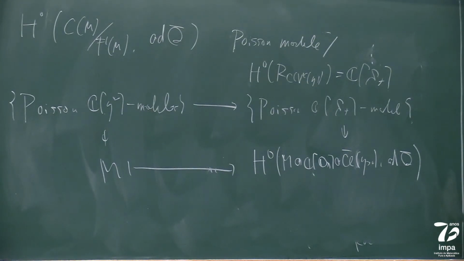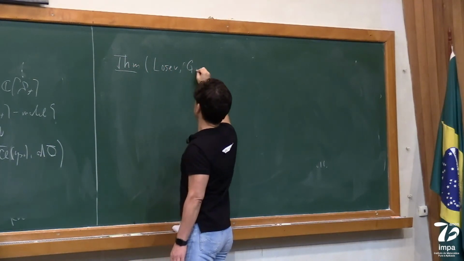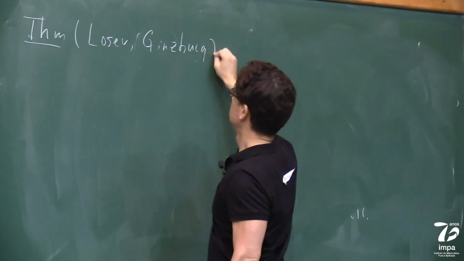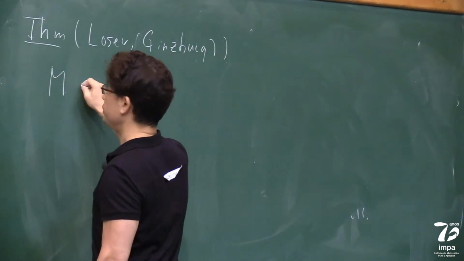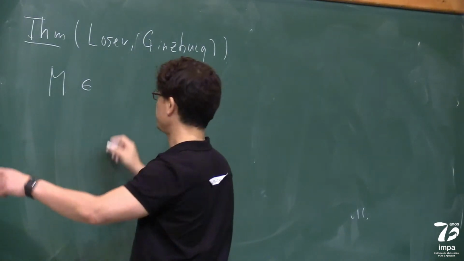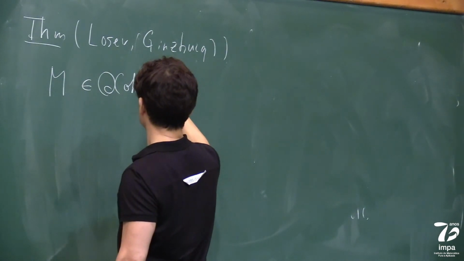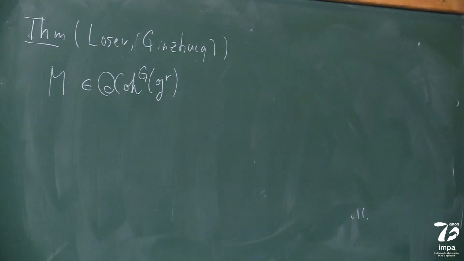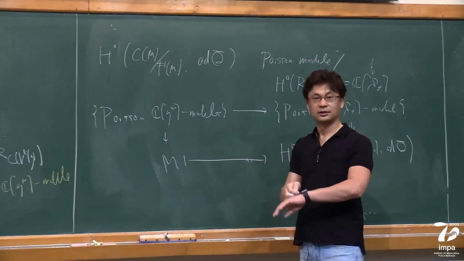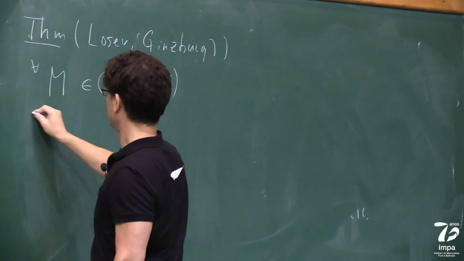And the theorem by Losev and Ginzburg: if you restrict this functor to the full subcategory consisting of G-equivariant quasi-coherent sheaves on G star, which is the same as Poisson CG star modules on which the algebra action of G integrates, then we have a cohomology vanishing.